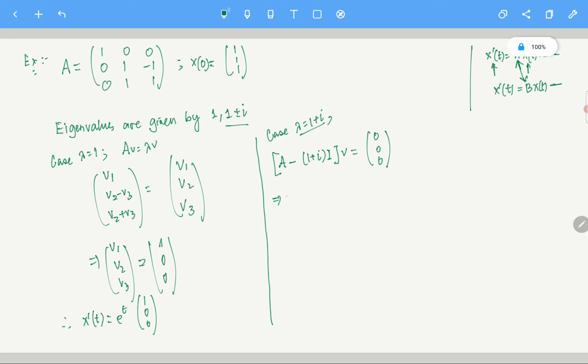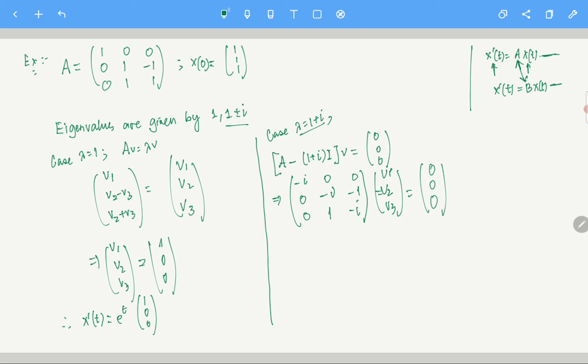So what is A minus (1 plus i) I? If you calculate this, it is [-i 0 0; 0 -i -1; 0 1 -i], times (v1, v2, v3), equal to (0, 0, 0).